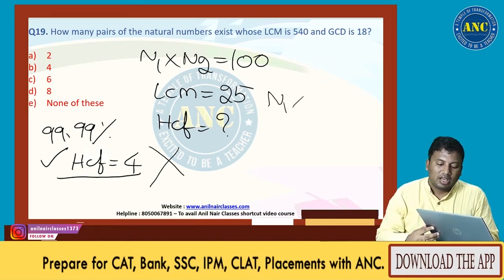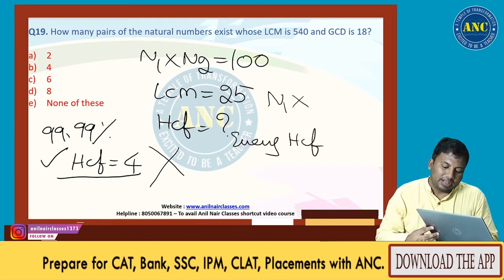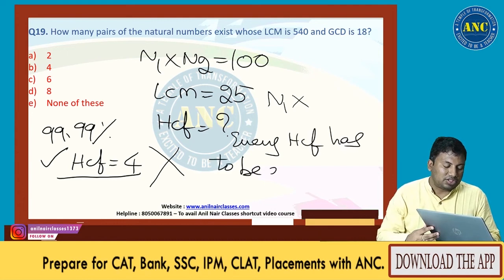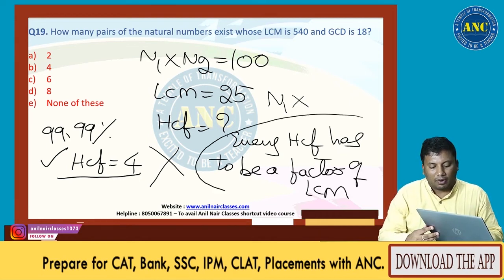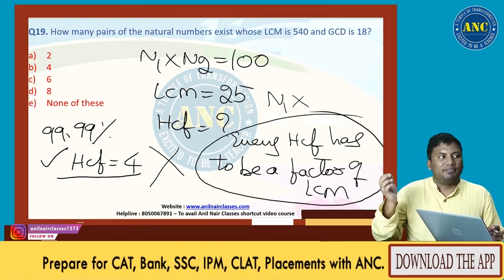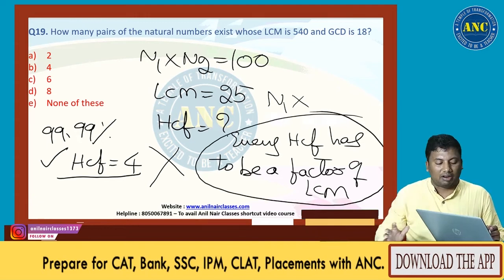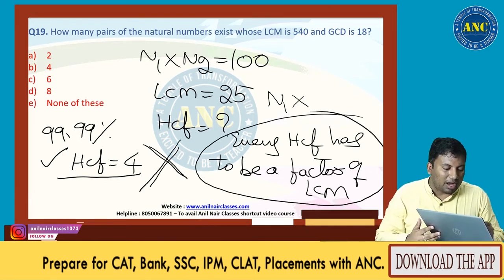Why? Because every HCF has to be a factor of LCM. Abhay, I hope you understood the contrapositive statement of every HCF has to be a factor of LCM. You cannot tick mark it as 4 by blindly substituting it.